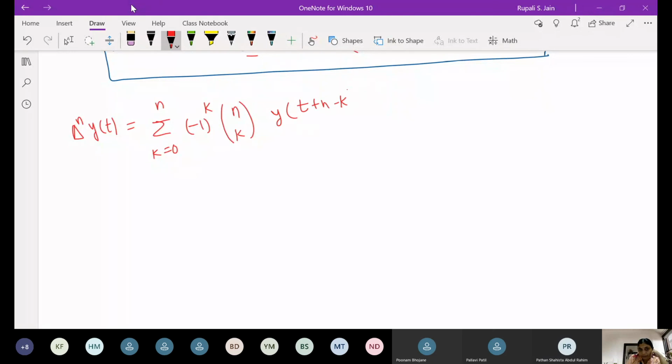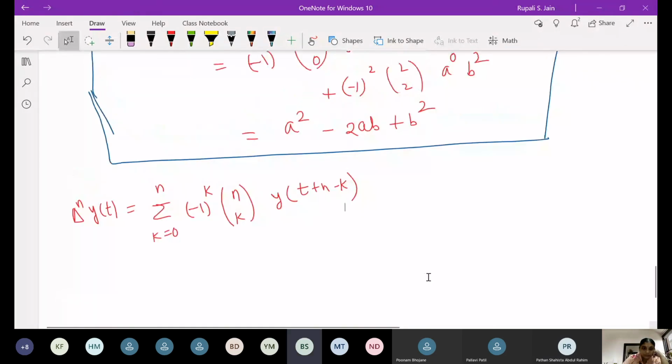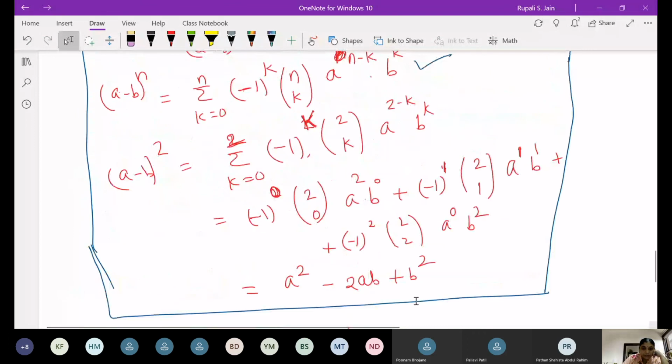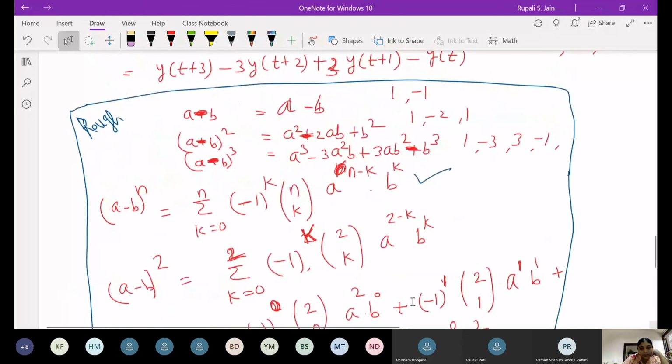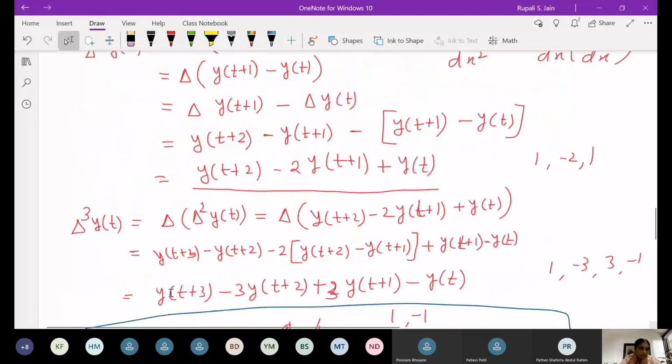Now you can check this: t plus 3, t plus 2, t plus 1, t, and so on. If I take delta raised to 4, the first term will be y at t plus 4, minus coefficient times y at t plus 3, plus, minus, plus; it will alternate.